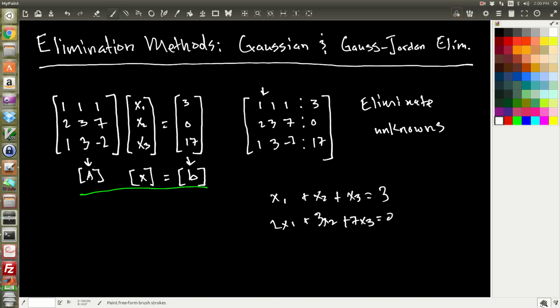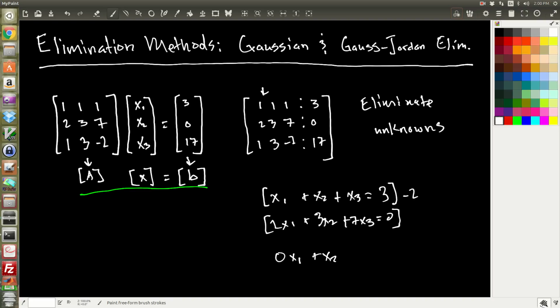Now if I have these two equations, I can combine them to eliminate one of the unknowns. I could multiply this entire equation by minus 2 and then add it to this equation. Minus 2x1 plus 2x1 is 0 times x1. Minus 2x2 plus 3x2 gives plus x2.